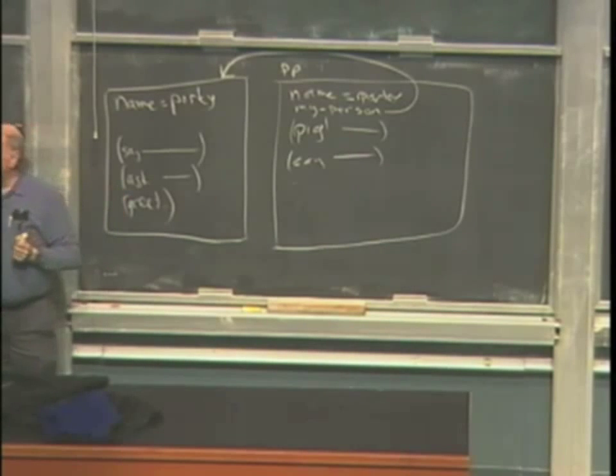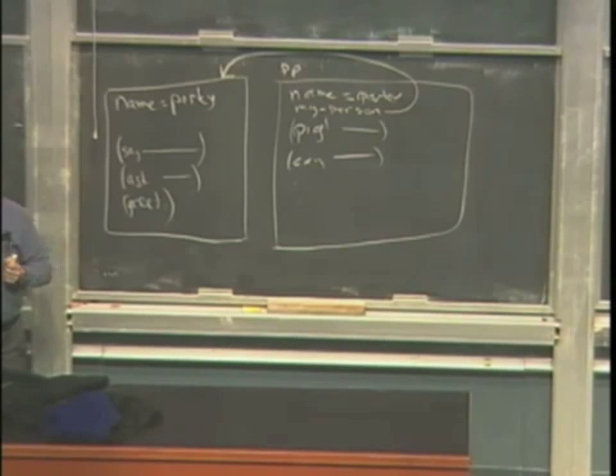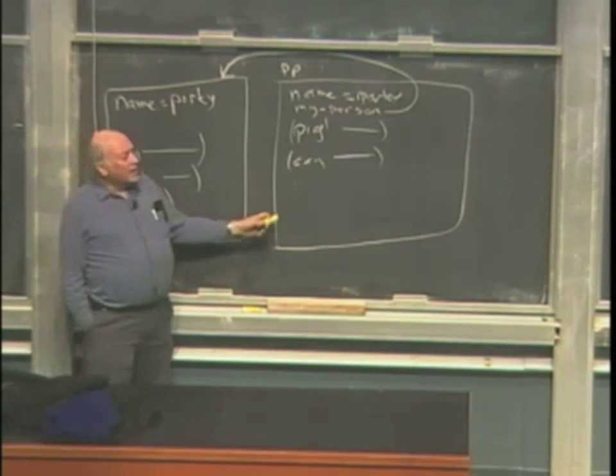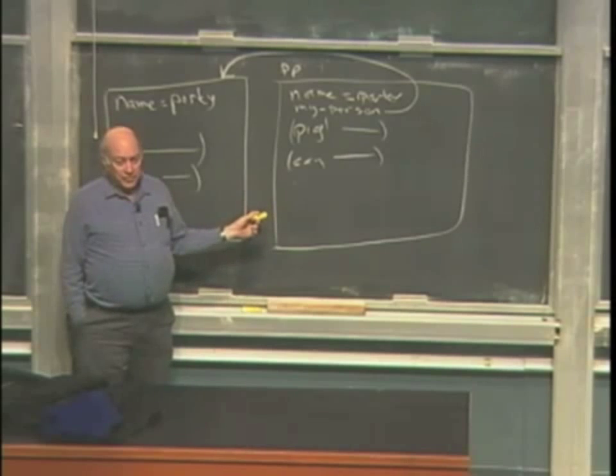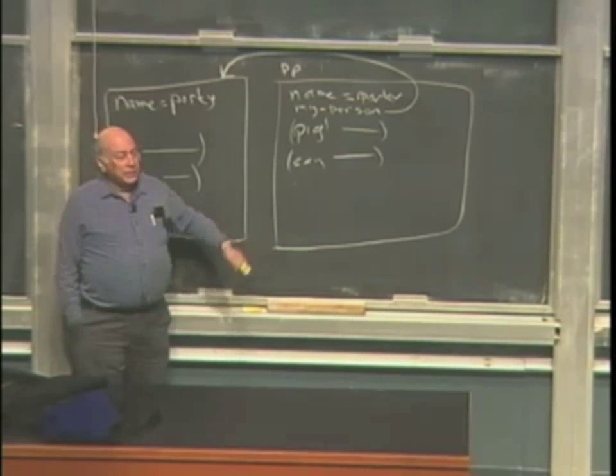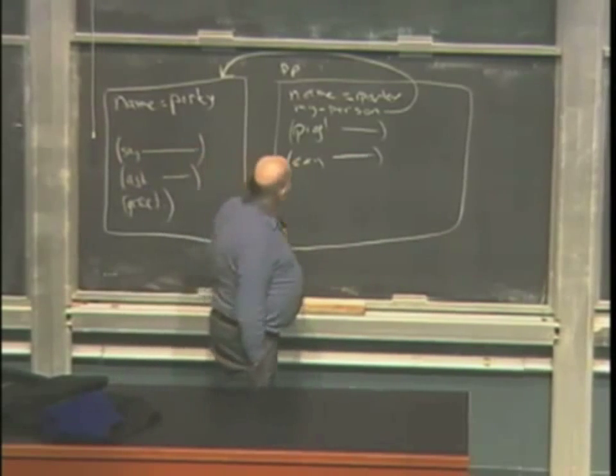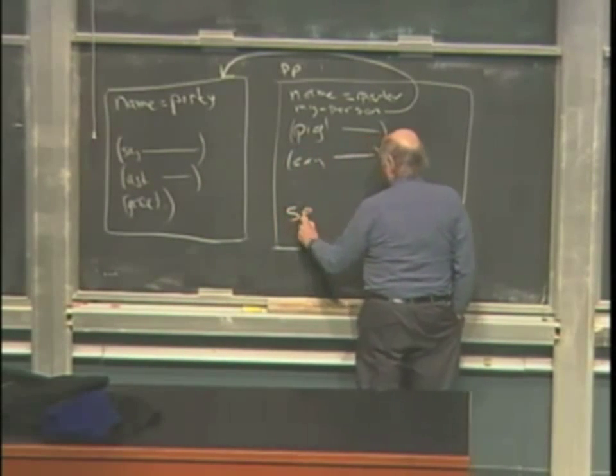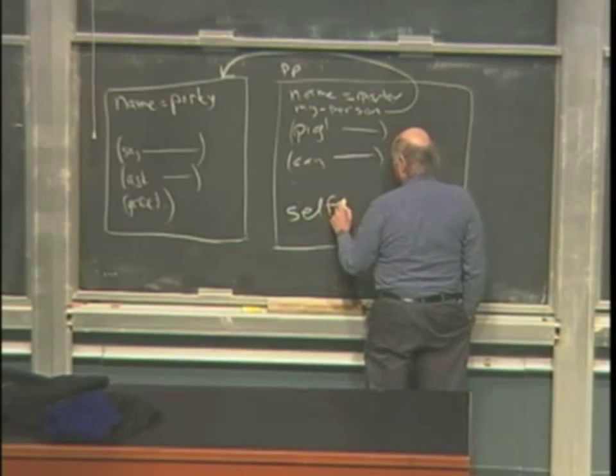Okay? But remember I said there's this special variable self that methods can use? Like ask self such and such. Well, self is not actually an instance variable here. Well, no, I'm sorry. Yes, it is. Let's put it in. Self.